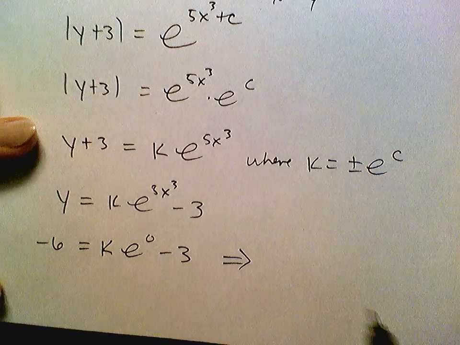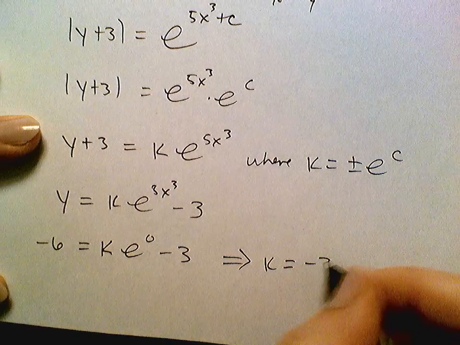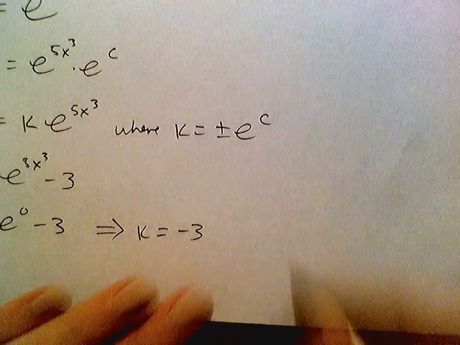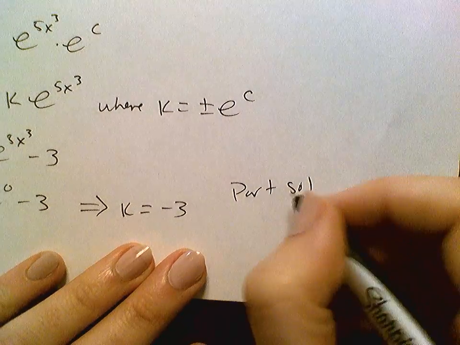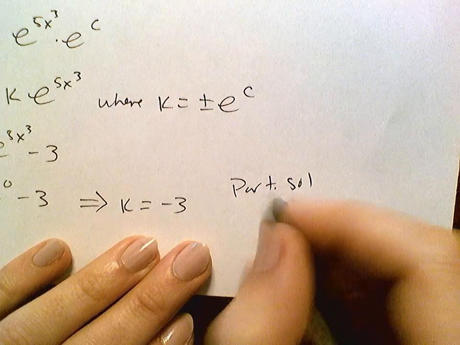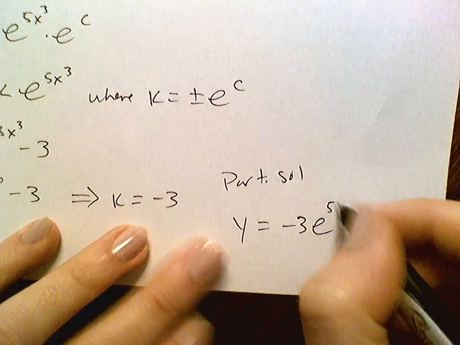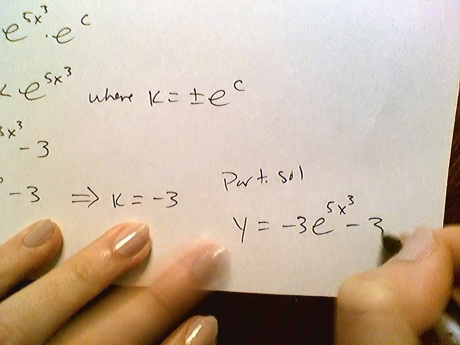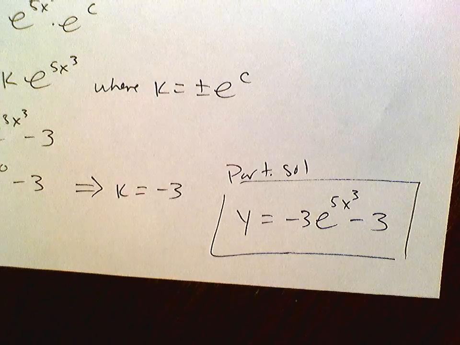And e to the 0 is just 1. So you get that k is equal to negative 3. Then the particular solution is y equals negative 3e to the 5x to the third minus 3.